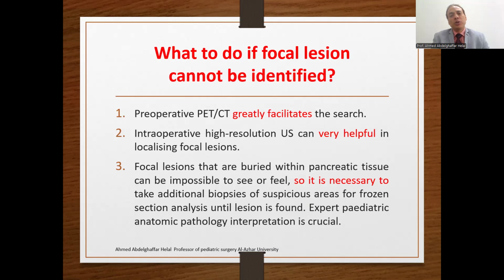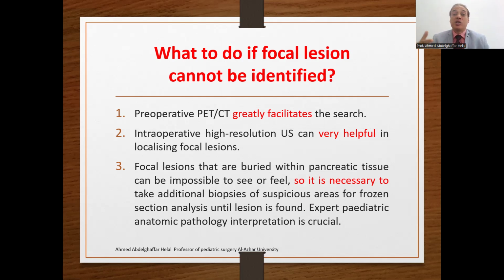The second question is what to do if the focal lesion cannot be identified. We said that the preoperative PET CT scan generally facilitates the search. Whether focal or generalized, focal lesions can be identified well with the PET scan, the DOPA scan. Intraoperative high-resolution ultrasound is very helpful in localizing the focal lesion, especially if the genetics confirm that this neonate is diagnosed with the focal type of genetic mutation.